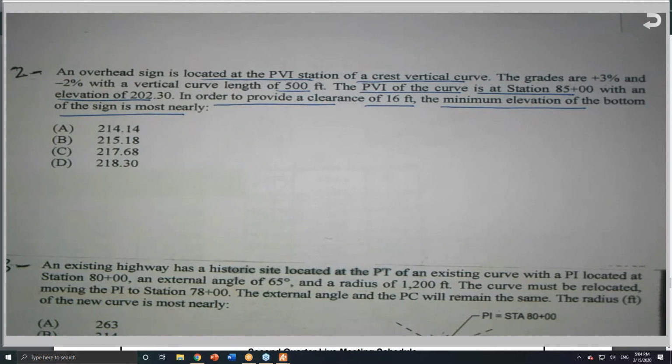You see that? Again, the equations are available.